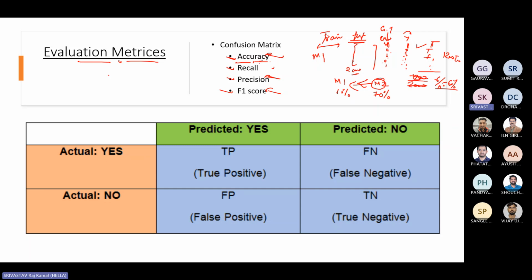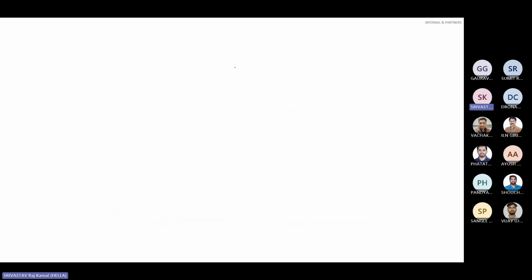Now, can anyone discuss any scenario where, even though M2 has 70% accuracy and M1 has 60%, M2 is a bad model compared to M1? Can we have some example in this area? So the question is: we studied accuracy, that's okay, but is accuracy in itself a sufficient metric?